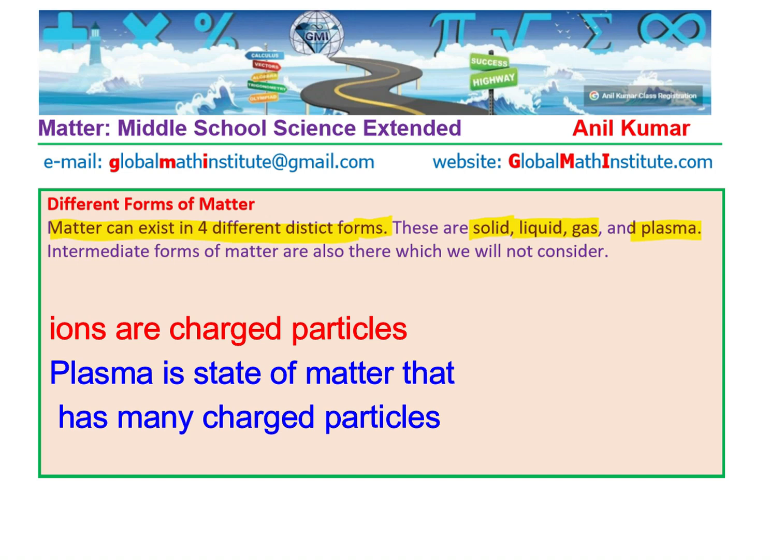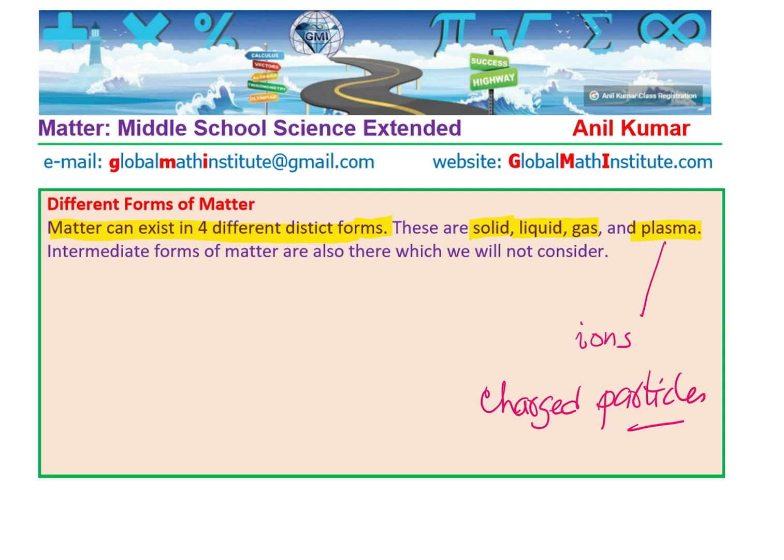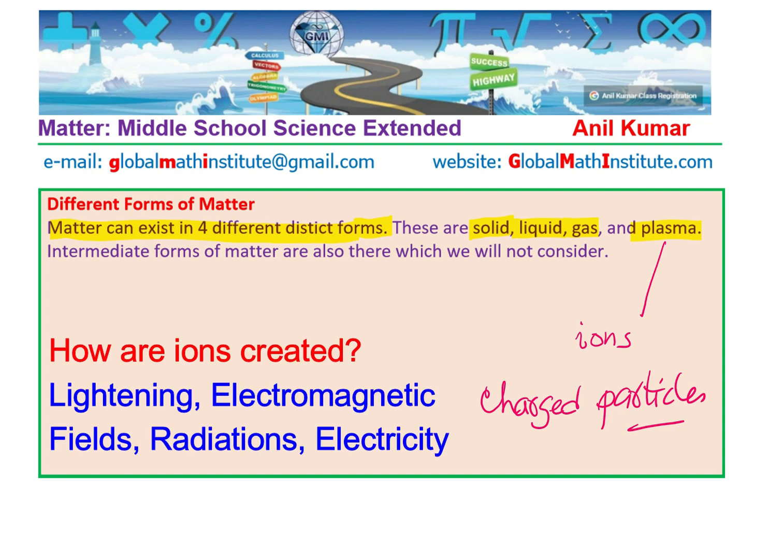The plasma is a form in which we have ions, charged particles. Right? So when we talk about particles, we said atoms, ions, and molecules. That is combination of atoms. And there was ions. Ions are charged particles. How are these charged particles created?